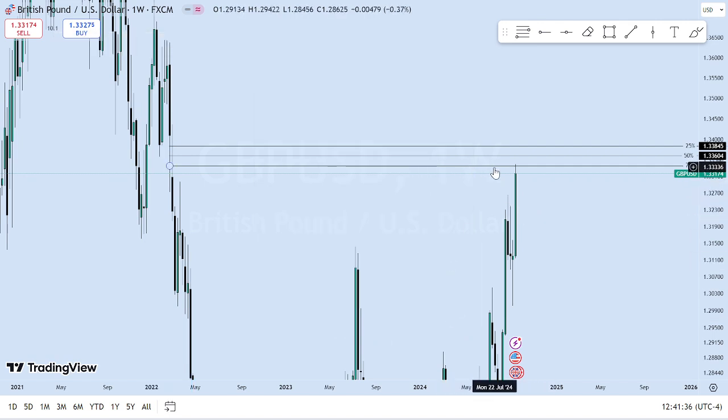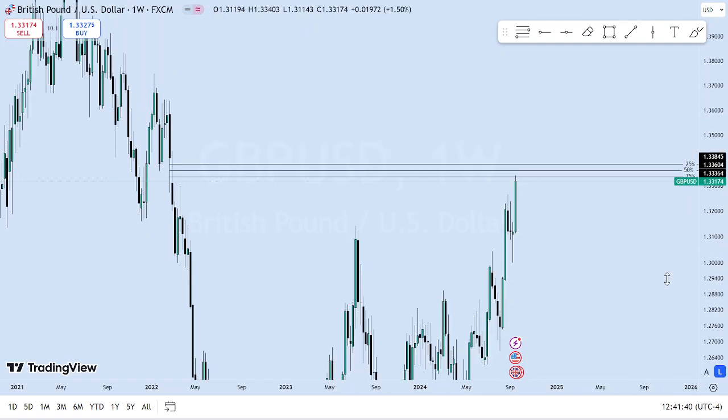So this is our 75%, 50%, and 25% level of this volume imbalance, our weekly volume imbalance here. While here is where we traded on Friday, where we closed last week Friday, here on the weekly chart time frame.